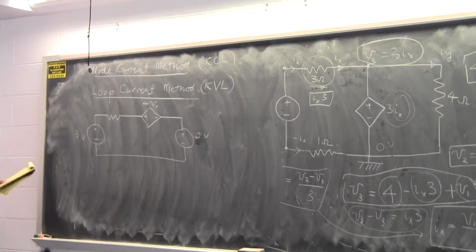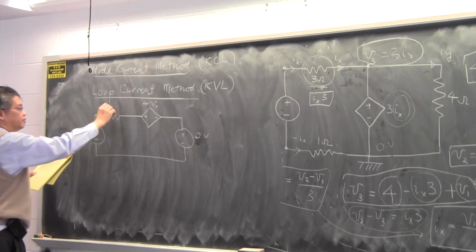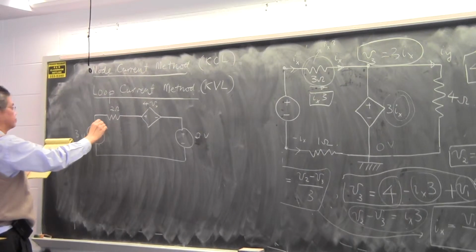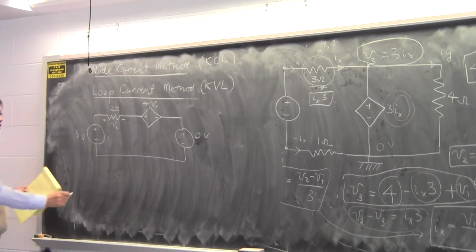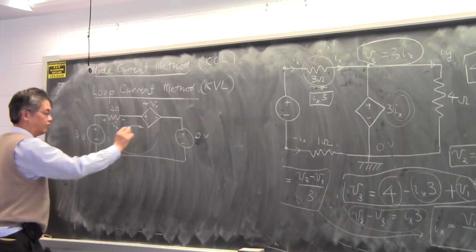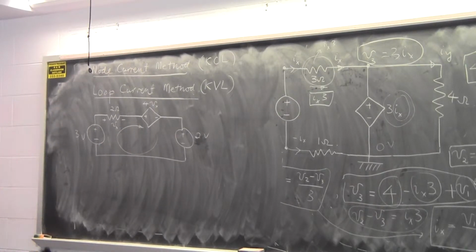This is a very simple problem, and you can do that with one loop. And this voltage is called Vx. You need to only draw one loop to solve this problem. This is the loop current method. And then you apply KVL to this loop.